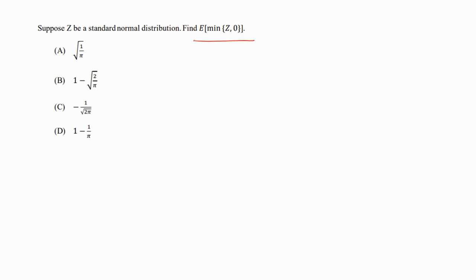Okay. So next we have: find the expectation of minimum of z comma 0. What we do is we can just use it as a function, like y will be z when z is greater than 0, and it will be 0 otherwise. If it is minimum, then it will be 0.